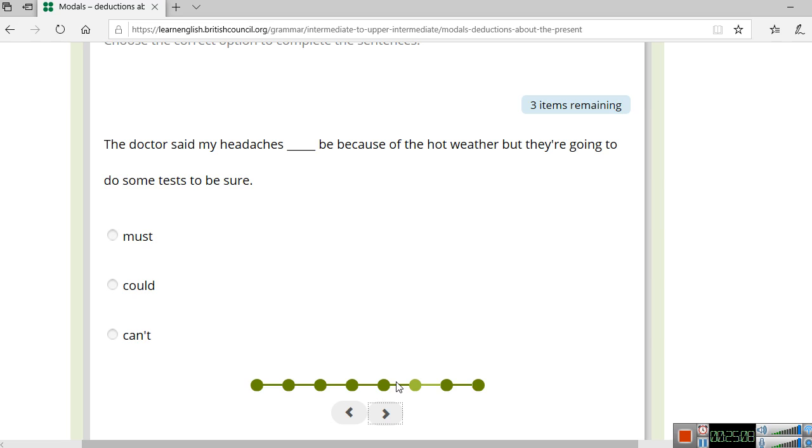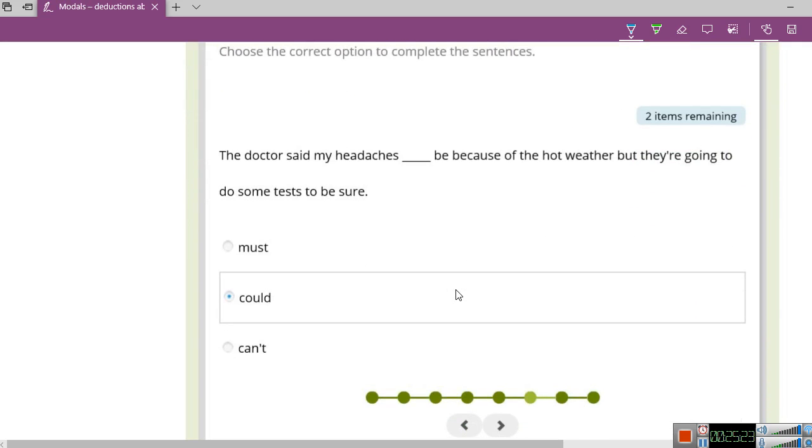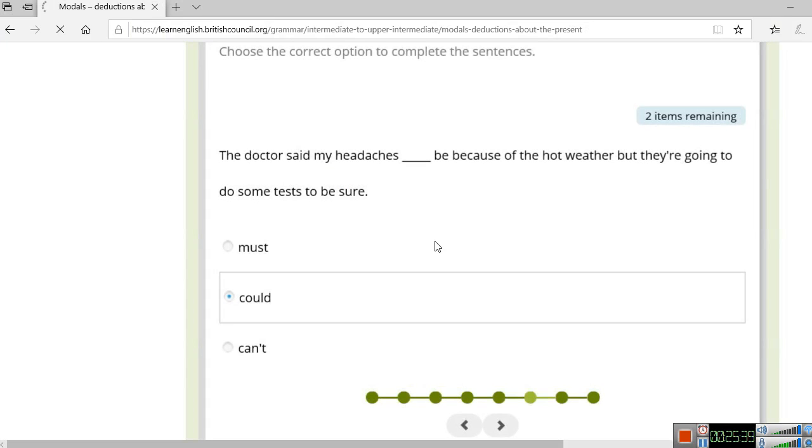It's not 100% sure. Well, for this reason, the modal verb is could. Excellent. You got it completely right. So in this case, let me just check it right here. Because the hot weather, they're going to do. So we also have these clues to be sure. They're going to do some tests to be sure. Thereby, we know they're not sure at the moment. Very well. All right, let's continue.